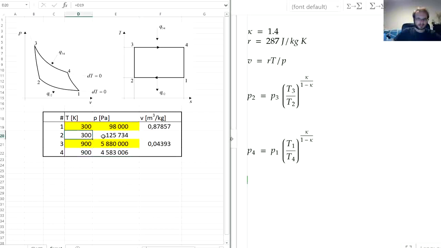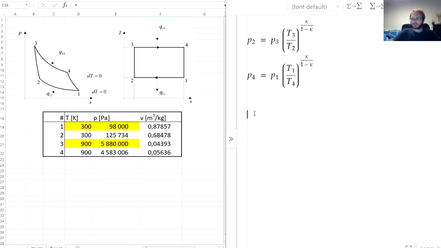And now we have temperature and pressure, so we can again apply the same equation for getting the unit volume. It's the same as in the case of point 1 and 3, and by that we get the parameters in all points of the cycle.